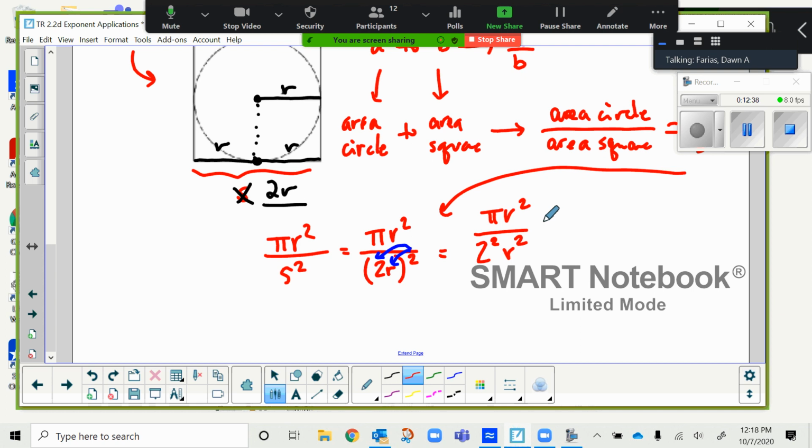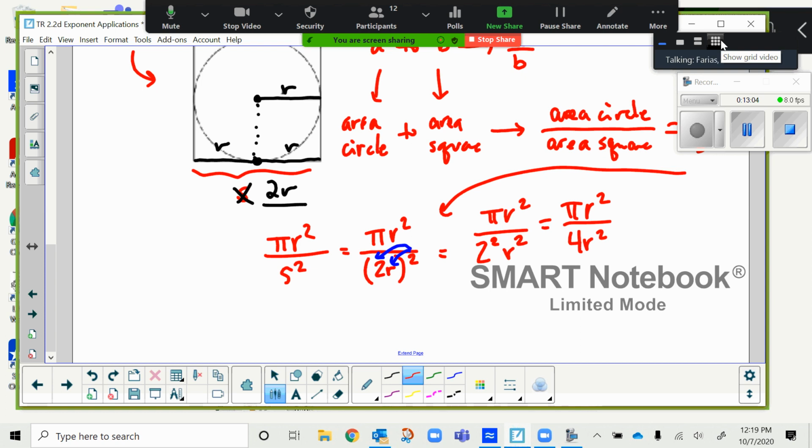So then I can actually do the math on the 2 squared. That's going to give me, perfect, thank you. So I have pi r squared over 4r squared. And the problem told me to write it in simplified form, and there is something here that I can simplify. What do you see that cancels here?